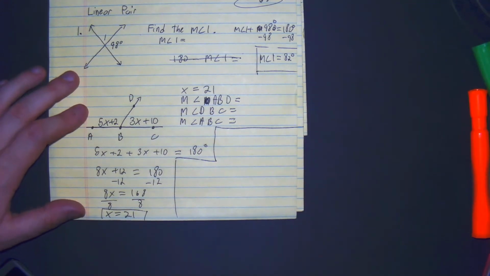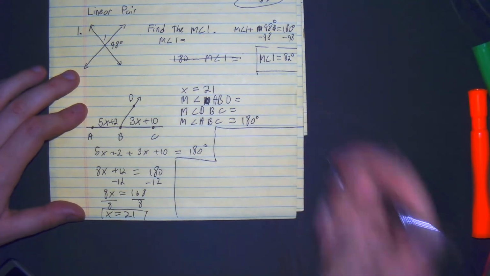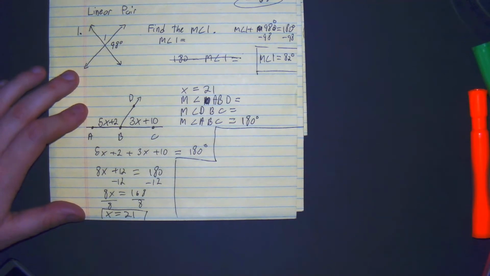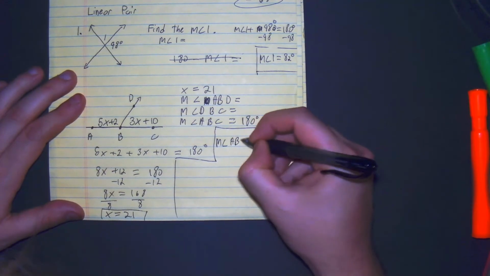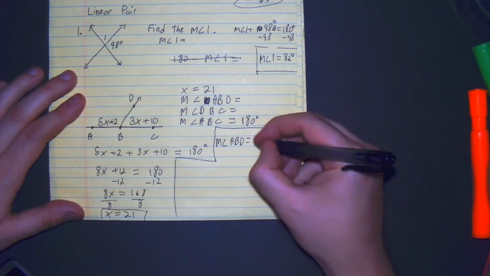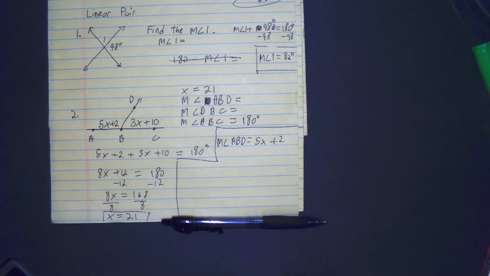We want to find the measure of ABD. Let's just first do the easy one actually. ABC is 180 degrees since it's a linear pair. Then the measure of ABD is equal to 5x plus 2. We found the value of x.